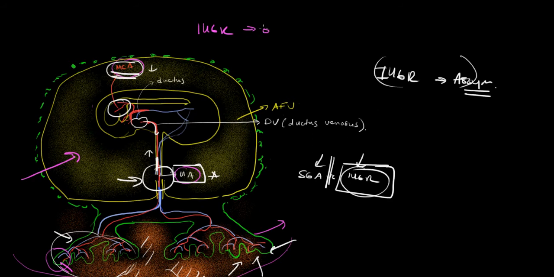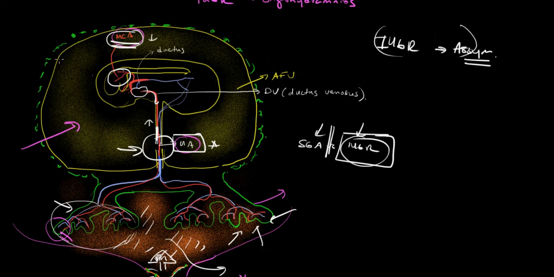The reason is that the babies preferentially supply their brain, yes, at the expense of the placenta, but also at the expense of other organs such as the gut and kidney. If you were to do experiments in sheep, you find high resistances within the renal arteries and low resistances in the brain, so the baby is undergoing this vascular redistribution. Amniotic fluid is mainly made by the urine that the baby makes.